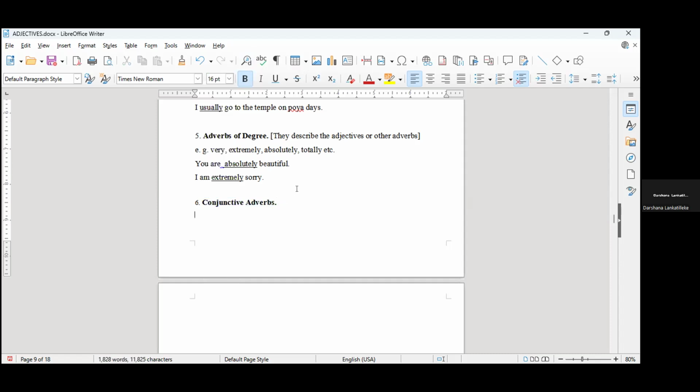Some examples for those. That means they are the words that connect something.